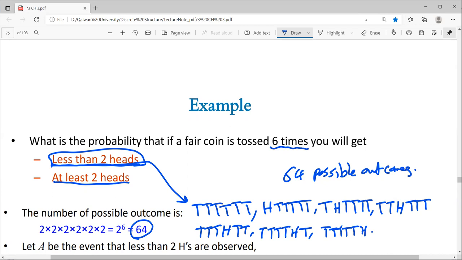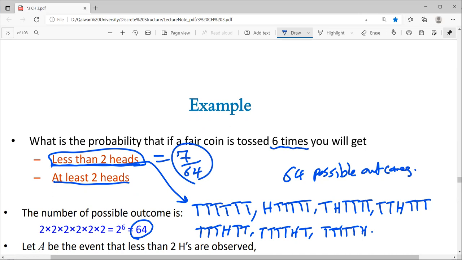That means we must either have no head or one head. We have 7 possible outcomes. We have 7 possibilities for getting less than 2 heads. So the total of possible outcomes is 64. We divide this by 64 to get the probability of less than 2 heads. So the probability of less than 2 heads is 7/64. That's it.